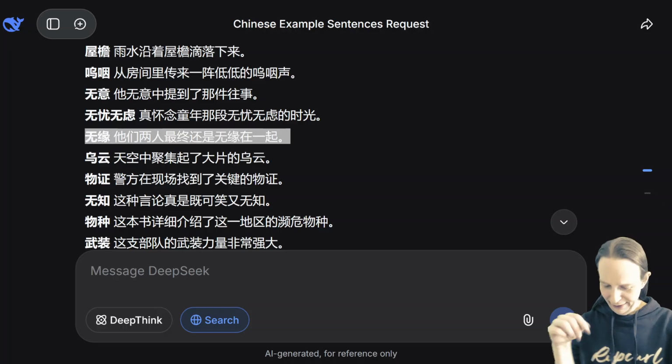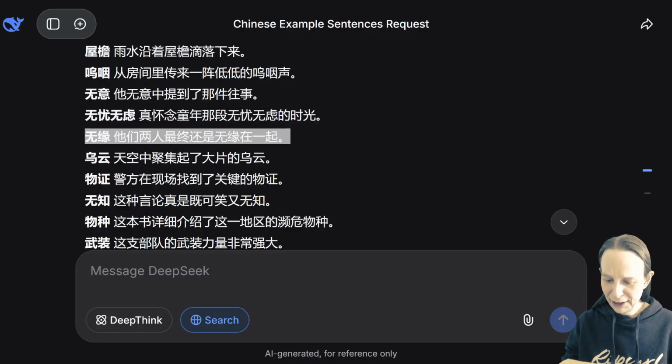All right, while we're here, the dictionary for 无缘 gives 3 definitions. One is 没有缘分. So this is no fate. The example is 无缘相见. So you have no fate to meet. All right, so fate has decided you're not going to meet, basically. They got another example, 无缘结识. I don't know what that means.